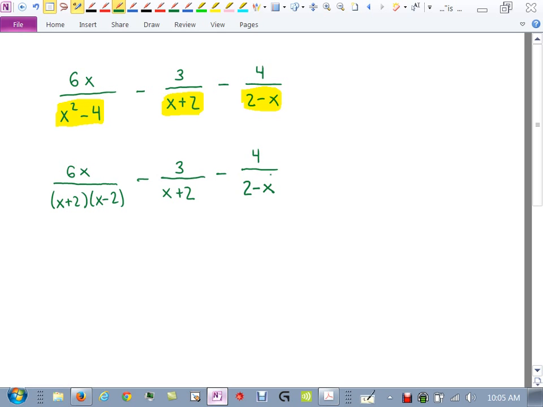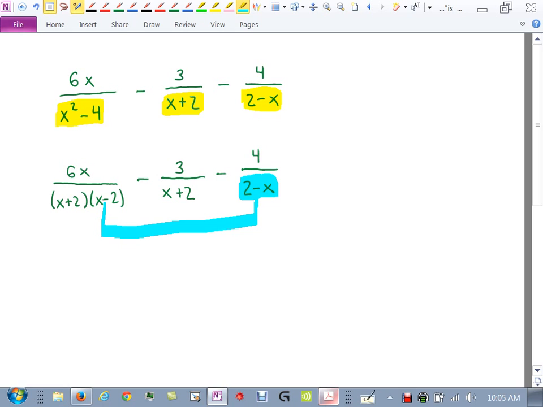Anybody see something here? What do you see? Yeah, there's certain parts that are the same, certain parts that are different, right? Yeah, good. That's what I wanted you to see. This right here, 2 minus x, is almost the x minus 2, isn't it?